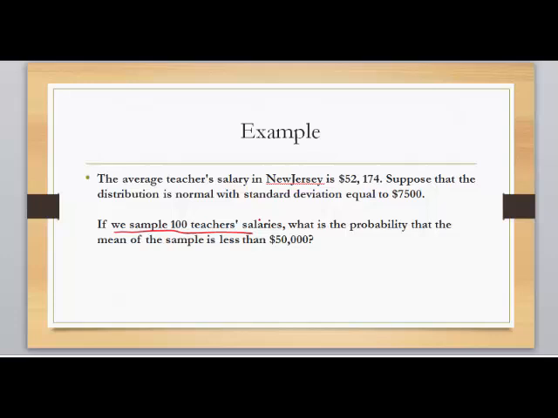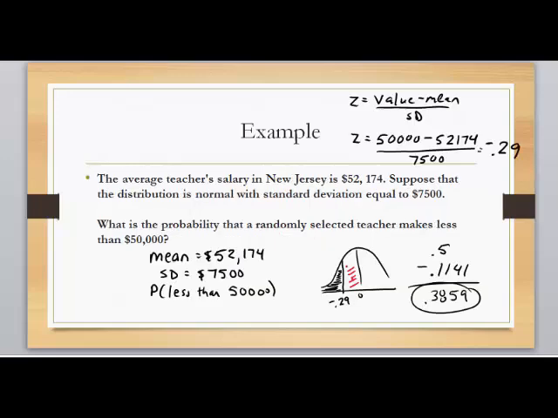Okay, now I'm going to go back to the previous problem for just a second, and I want you to notice something. In the previous problem, the question said that we are looking for the probability of a randomly selected teacher. This is one teacher that we're dealing with.